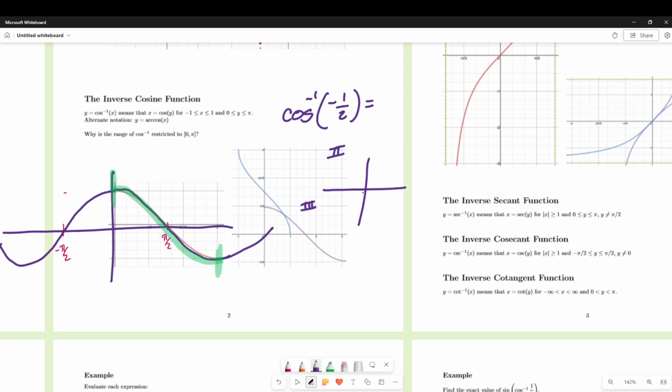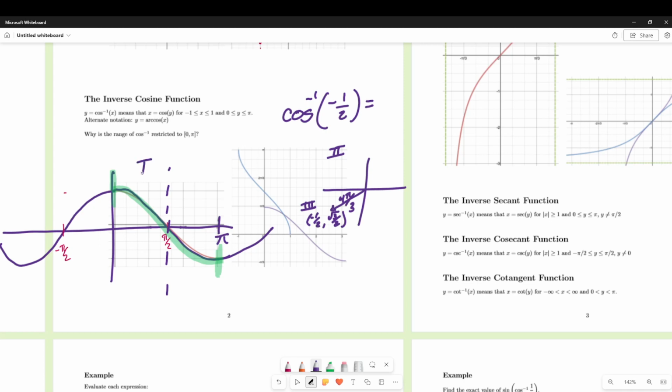So there's certainly a quadrant 3 angle down here that has a 1/2 and a square root of 3 over 2. And if you looked at what that angle is, it's 4 pi over 3. So it's true that the cosine of 4 pi over 3 is negative 1/2. But 4 pi over 3 is not within this restriction from 0 to pi.